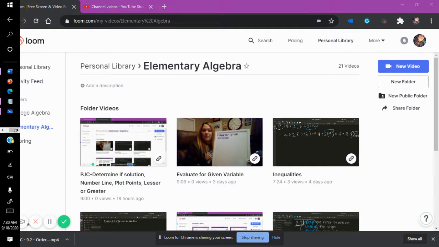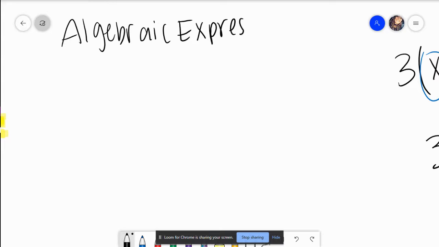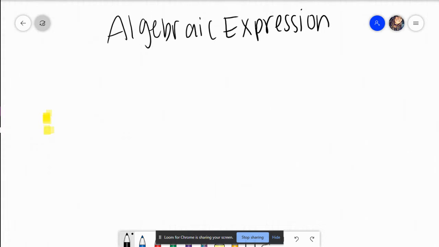Hey y'all, we are going to do a problem where it says change the word phrase to an algebraic expression. So what it wants us to write is an algebraic expression. Technically it just wants us to take words and write it in math.